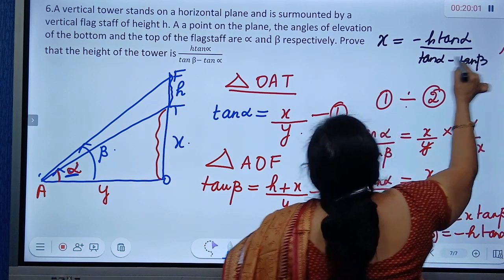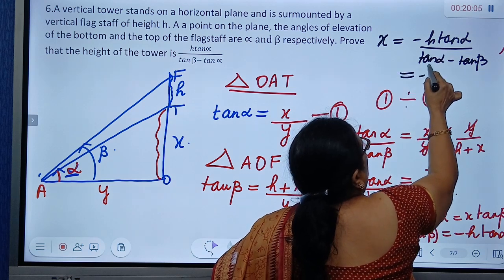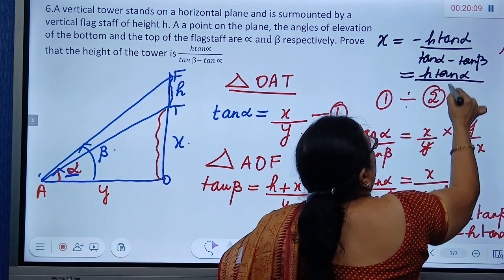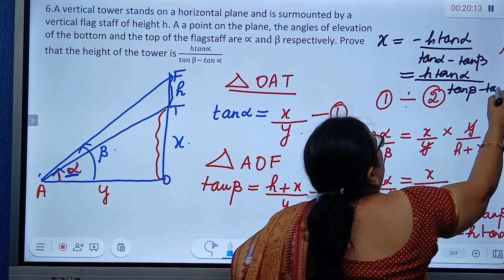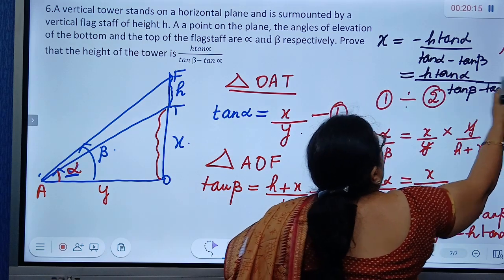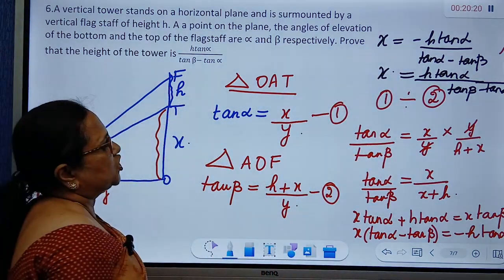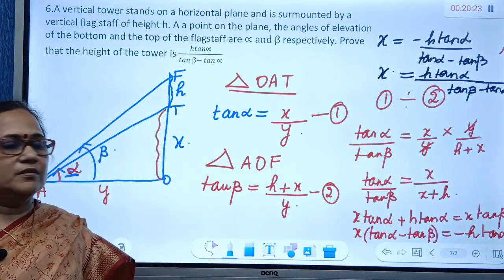Now but I want this expression. So anyway, X is a distance, I can't write it as negative. So if I change the sign, I bring it inside the denominator so that it becomes tan beta minus tan alpha. So this is X. So the height of the tower is H tan alpha by tan beta minus tan alpha.